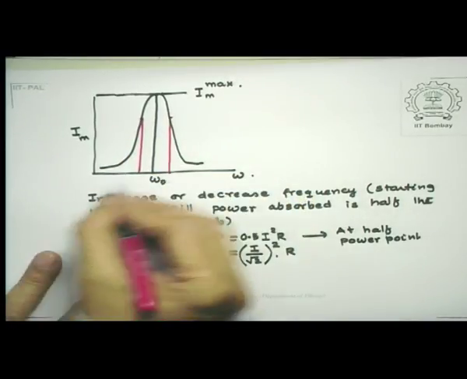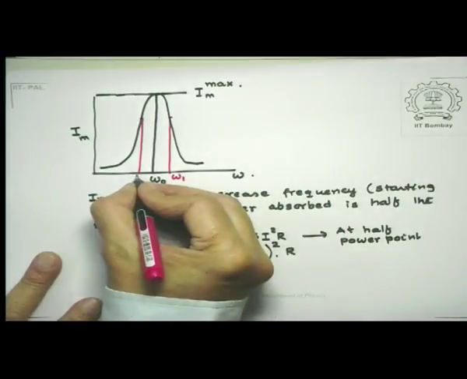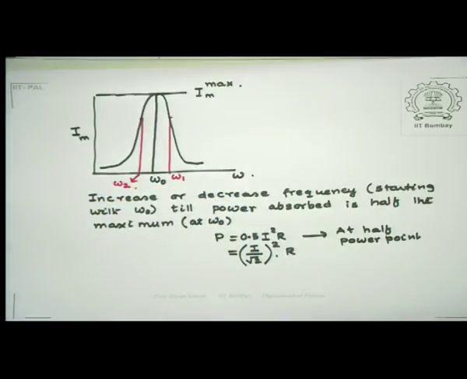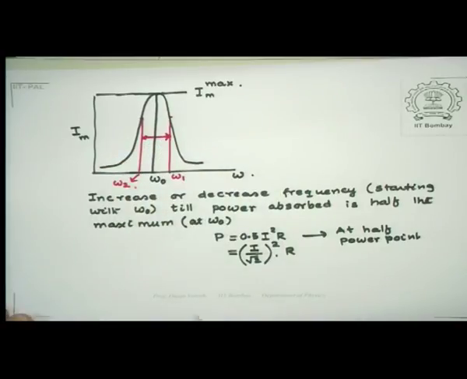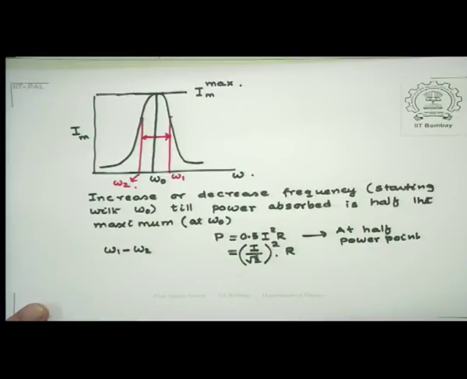If you like, we'll call omega 1 the upper half power point and omega 2 the lower half power point. This width here, omega 1 minus omega 2, or alternatively, if you are looking in the language of frequency, dividing it by 2 pi, is called the bandwidth.